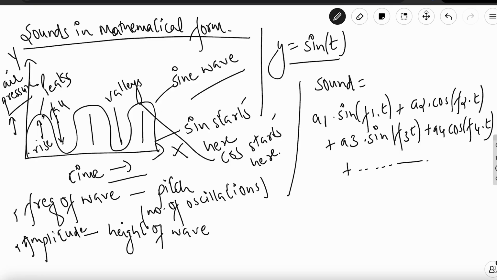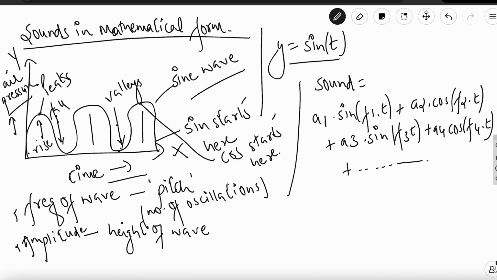Now, when the air pressure is maximum, that is called a peak, and when the air pressure is minimum, that is called a valley in this sine wave. The frequency of this wave is known as the pitch of the sound. If frequency is less, meaning fewer oscillations, then we say that the sound is deep.